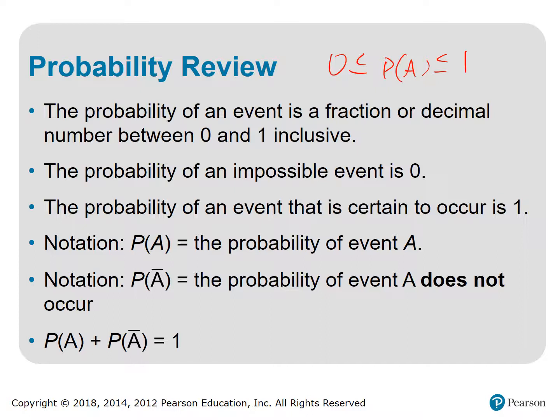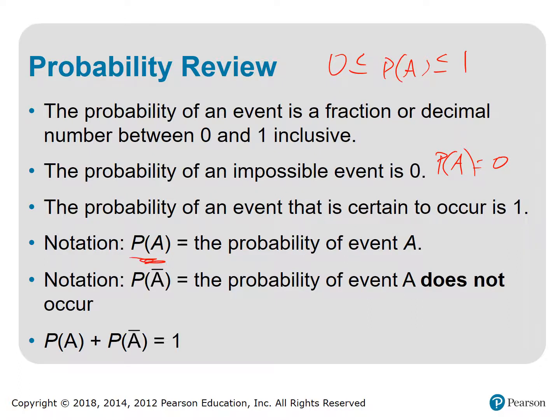And again, the probability of an impossible event is 0. Okay. So then the probability of an event that is certain to occur is 1. And again, here's the notation.